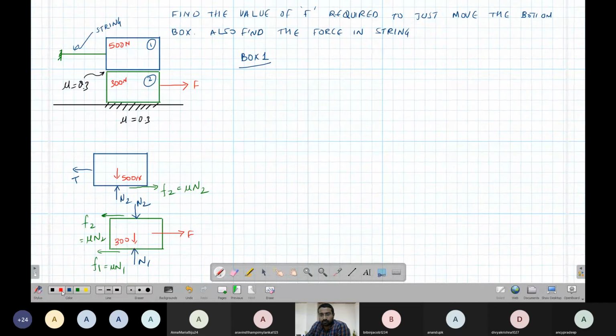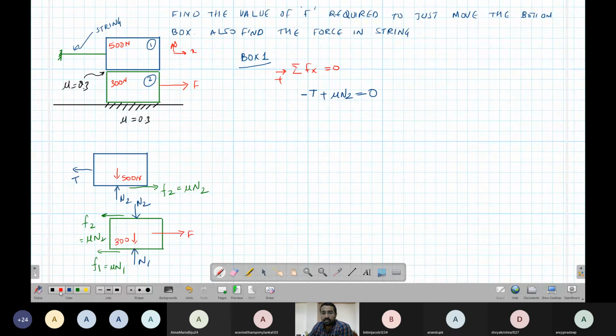Box 1. The summation of all the forces in the x direction should be equal to 0. This is x, this is y. Positive is the x direction. We have a T here, in this direction, so that will be minus T. We have an F2 here, plus F2, whose value is mu N2, equal to 0.